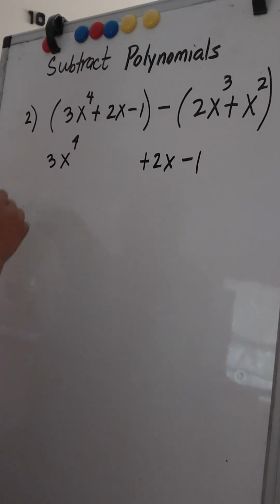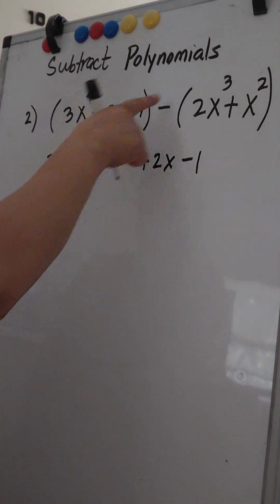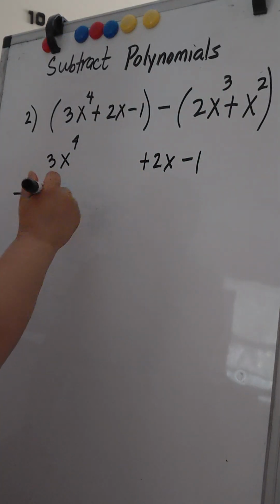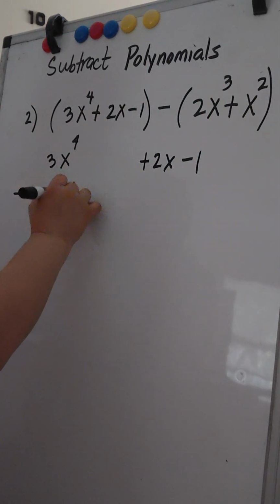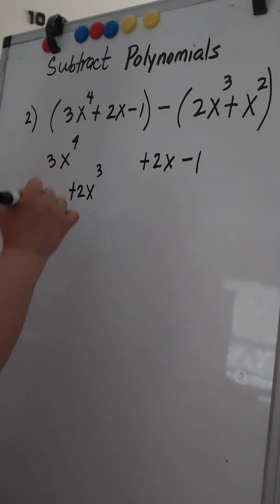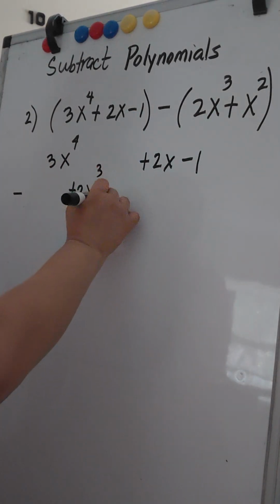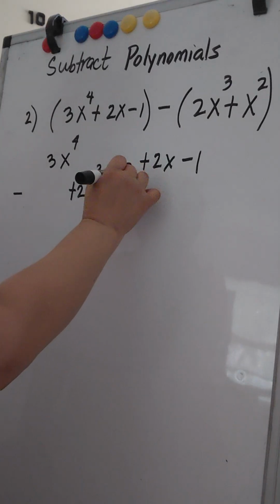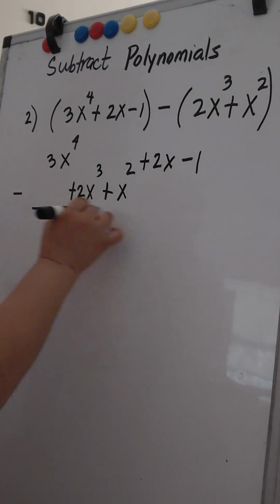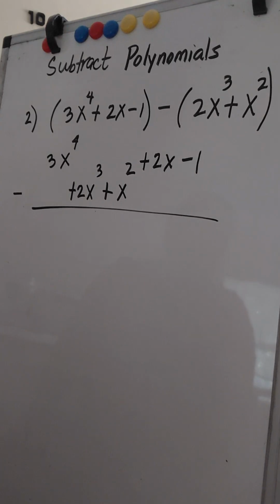Now, minus, we don't have exponent 4 in here, but we have cube, so there's space here. That would be plus 2x cubed and then plus x squared. We don't have a linear term or a constant term. So we're going to do it that way.